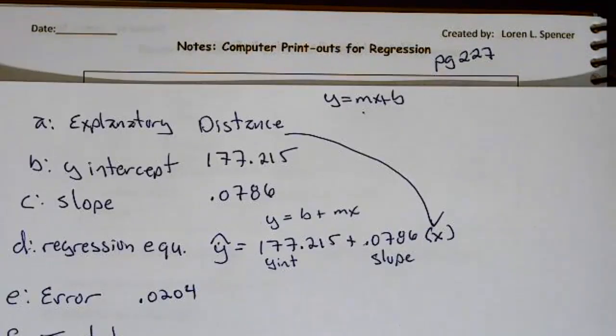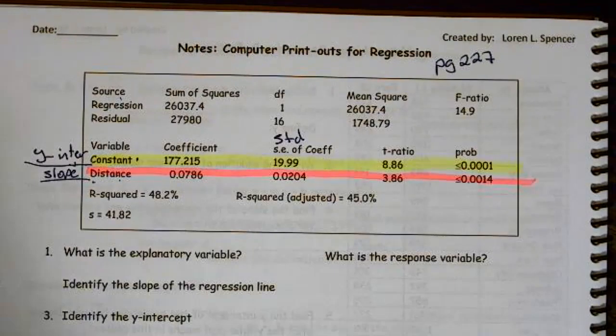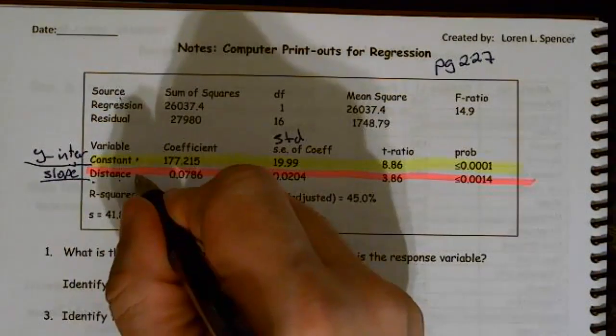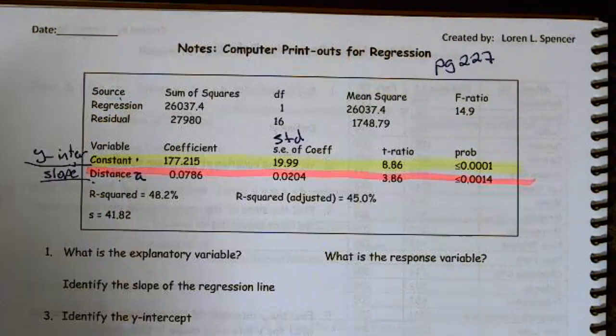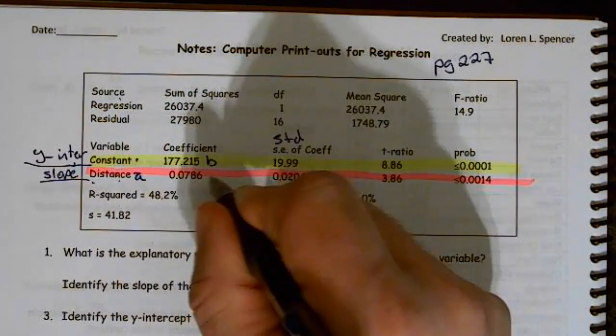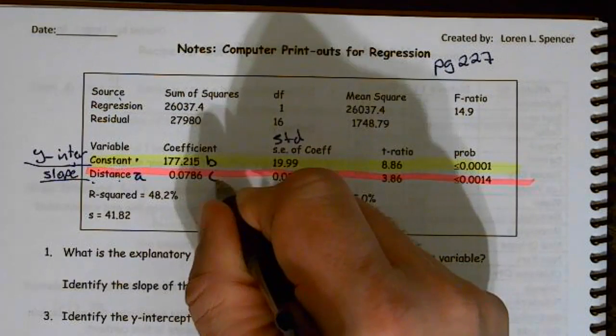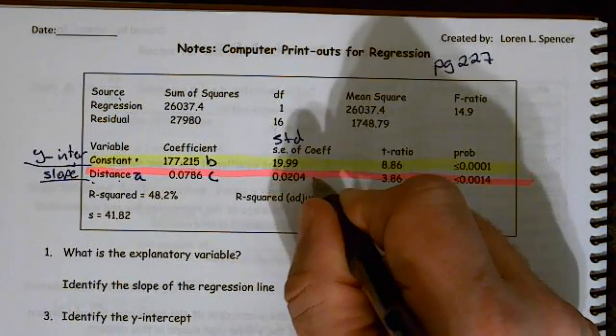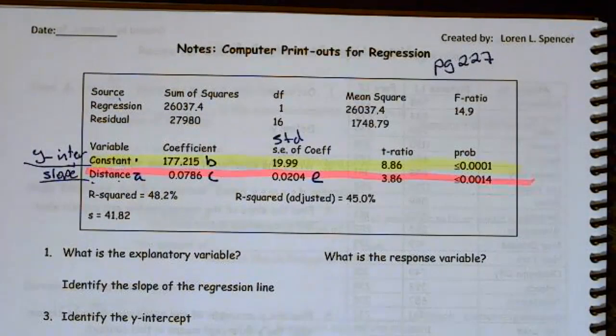All right, 0.0204. And I'm going to go back and label a couple things. So this was A. This is my y-intercept, which was B. This is my slope, which is C. This is standard error of the slope, which is letter E.